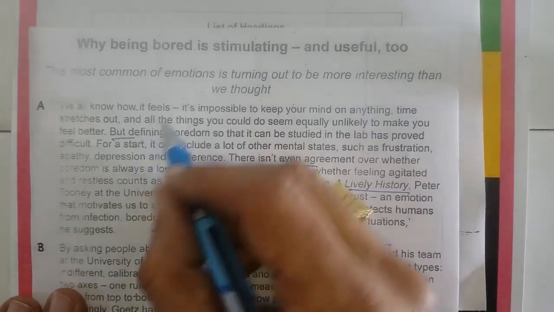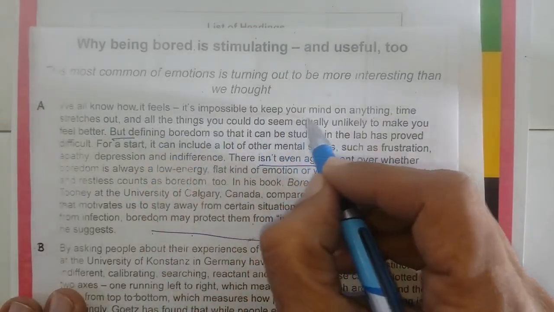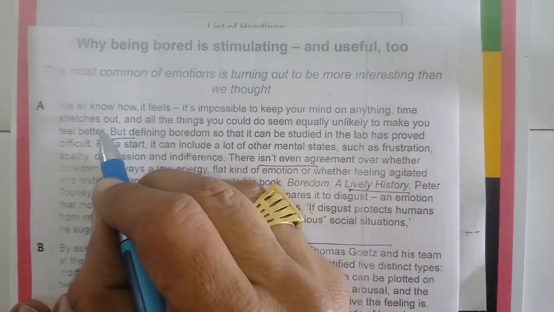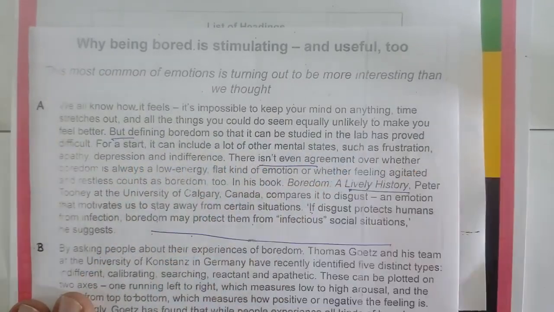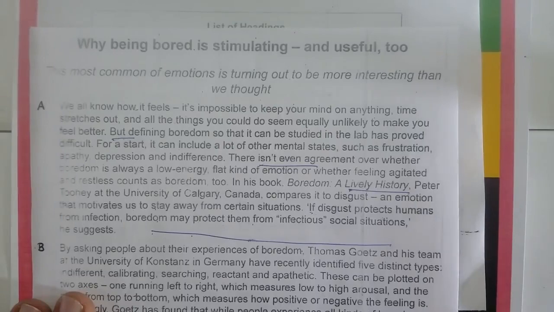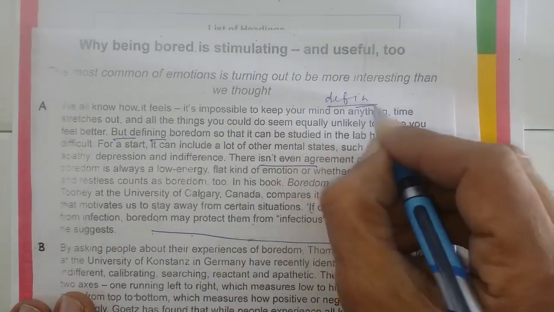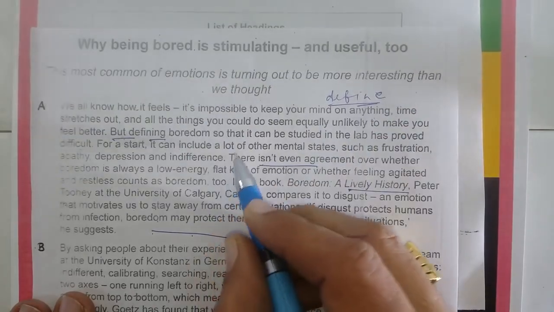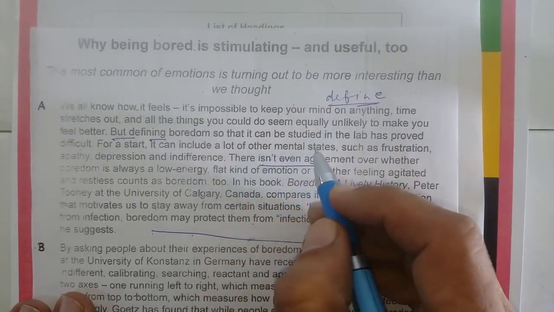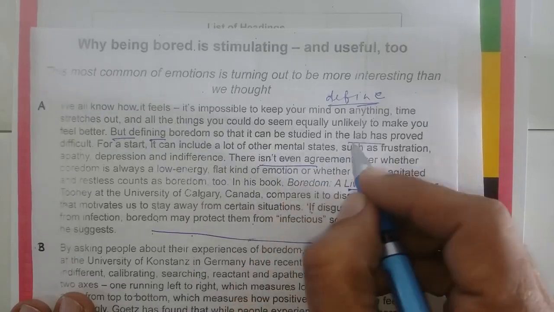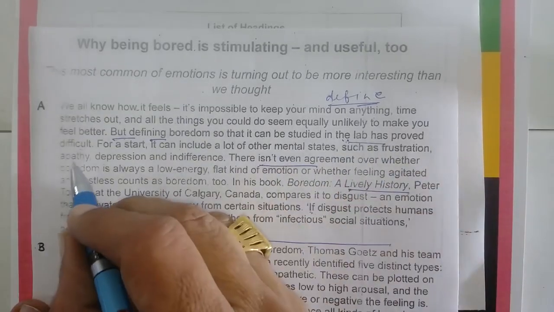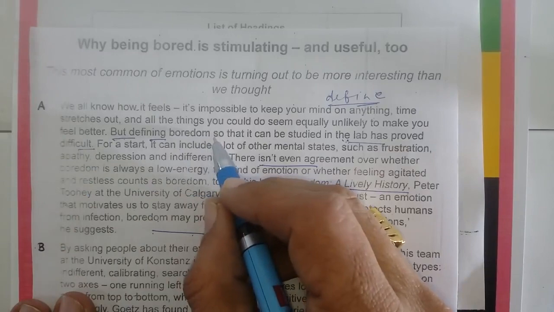So we all know how it feels. It's impossible to keep your mind on anything, time stretches out and all the things you could do seem equally unlikely to make you feel better. But defining boredom, so there is a definition here, so that it can be studied in the lab has proved difficult.